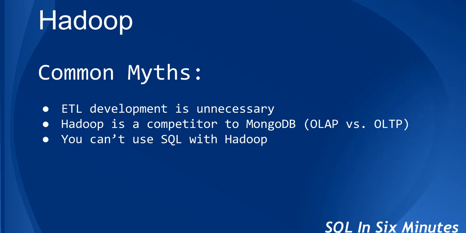Now, another misconception is that Hadoop is a competitor to MongoDB. MongoDB's engine is highly optimized for OLTP, and while sure you could use it for OLAP, you're not really using technology for what it's good for. It's kind of like people comparing MongoDB to SQL Server. MongoDB is a document-oriented database. SQL Server is not. If you're using SQL Server for documents, you are a complete moron. I would never store a book in SQL Server.